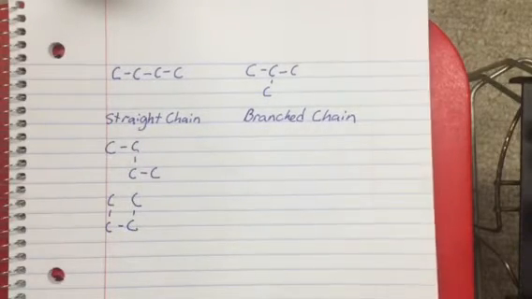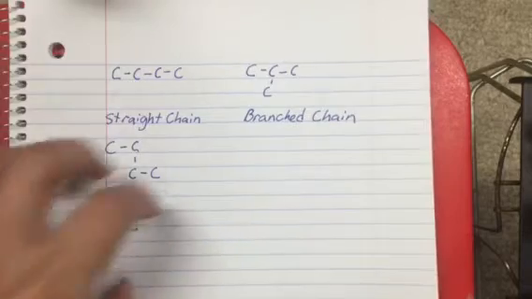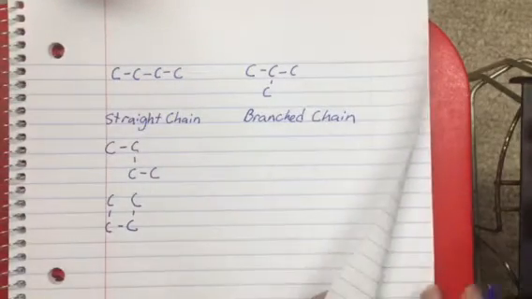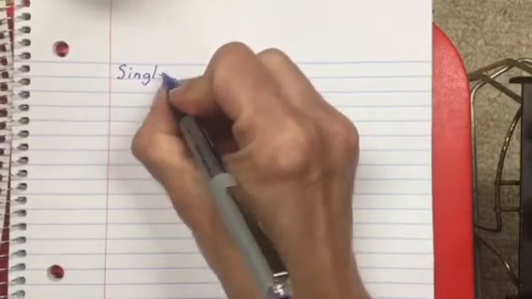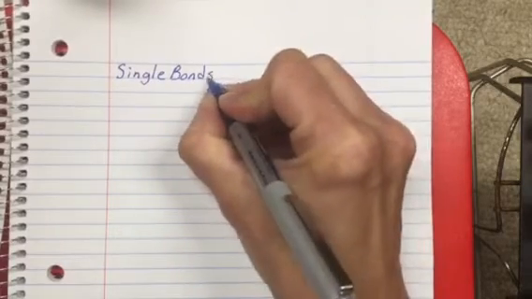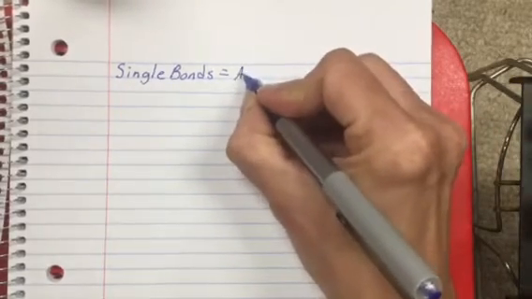Okay, the next category, the one that we're actually going to look at the differences between, because we're going to focus on these straight chains, has to do with the types of bonds. Okay, things that have all single bonds. Any compound that's composed of entirely single bonds is called an alkane.